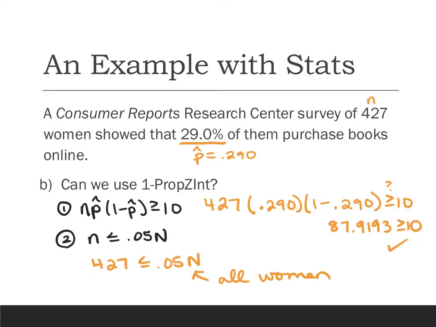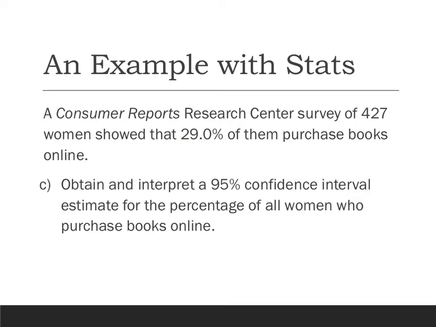I'm not sure what the entire population would be, but maybe it's all American women, all women from the U.S., all women in a certain age range. Whatever it is, 427 is a small enough sample for us to say, yes, we have met that condition.